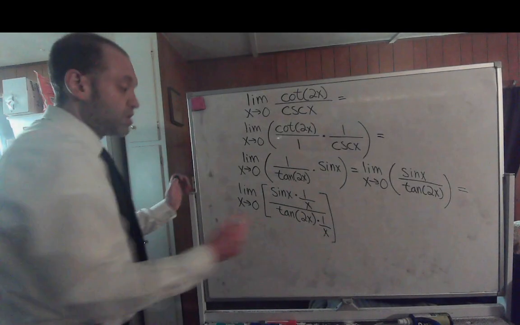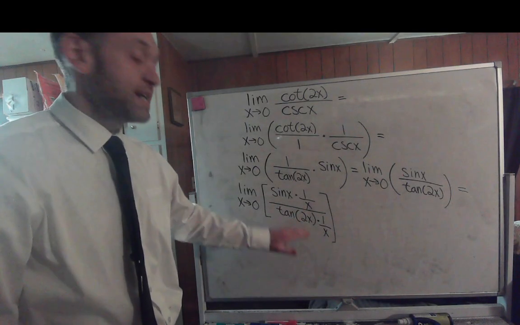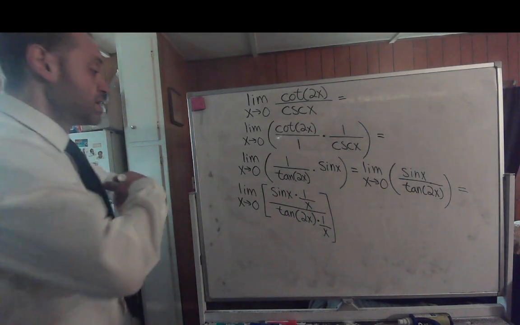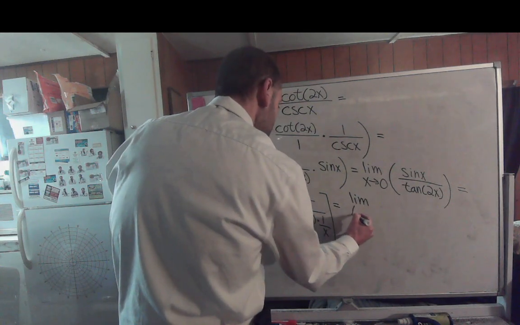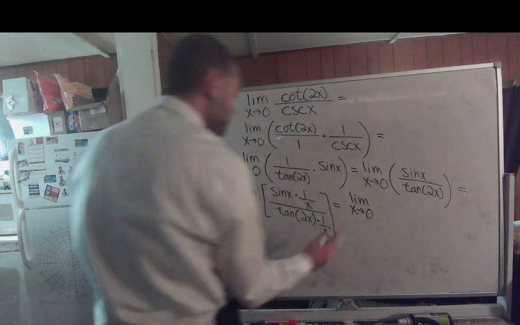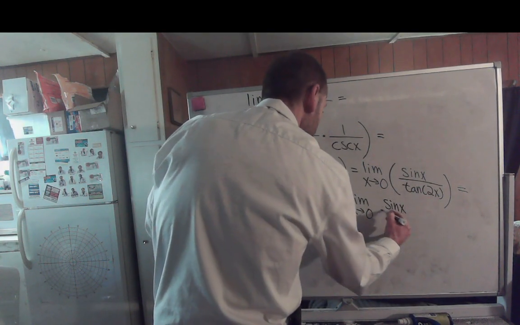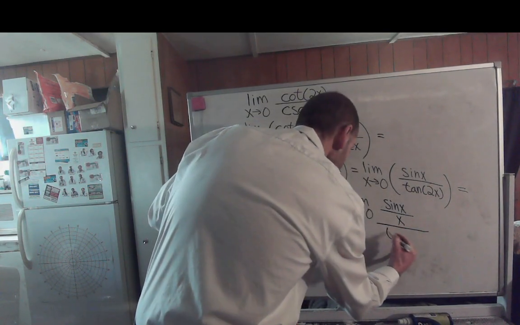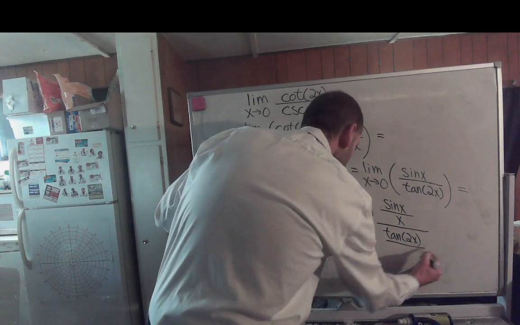And you notice I multiply both numerator and denominator by 1 over x, meaning I technically haven't changed the value of the function since they would cancel out. Okay, so what did this just turn into? This turns into the limit as x approaches 0 of the sine of x divided by x all over the tangent of 2x all over x.